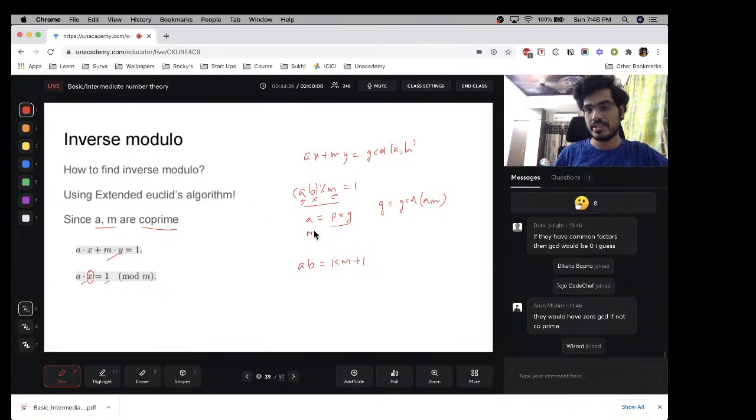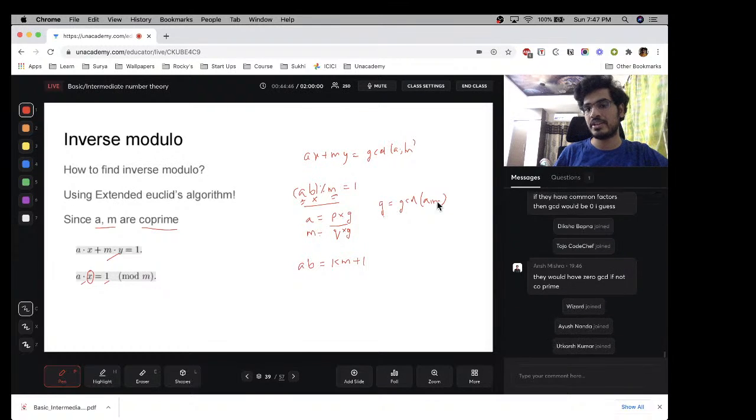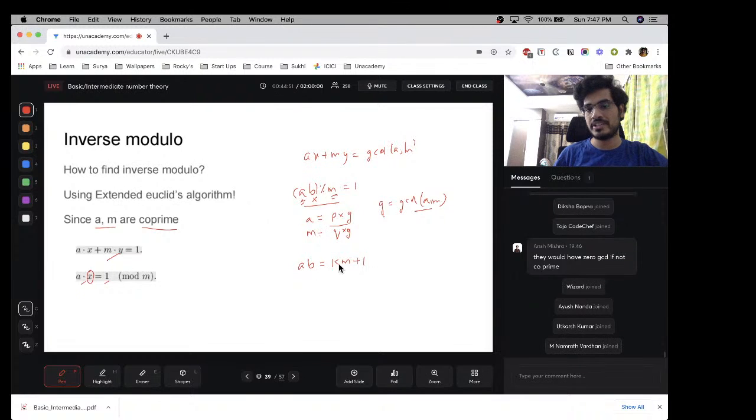Let us say M is equal to some Q into G, where G is the GCD of A and M. Now A into B is equal to KM plus 1.